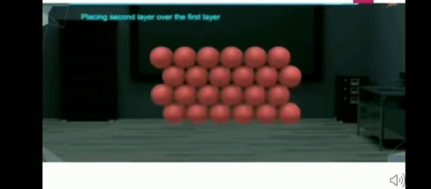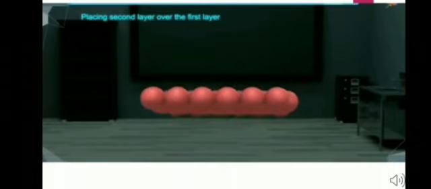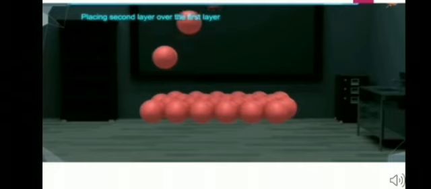Now let us take a 2-dimensional hexagonal close packed layer A. You can see this layer has triangular voids. Place the second layer in such a way that the spheres of the second layer are in the depressions of the first layer.